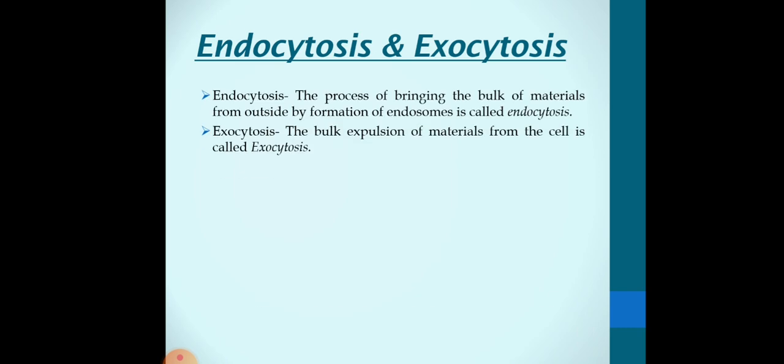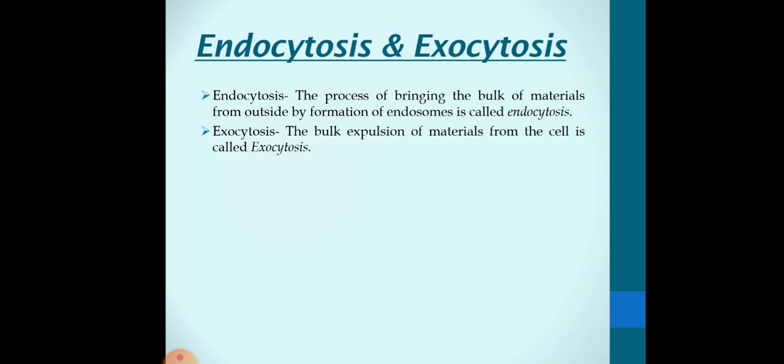Now next, we study endocytosis and exocytosis. What are endocytosis and exocytosis? Endocytosis is the process of bringing the bulk of material from outside by the formation of endosomes. What does it mean? It means when substances are taken up by the cell in bulk, like in large quantity, from outside.